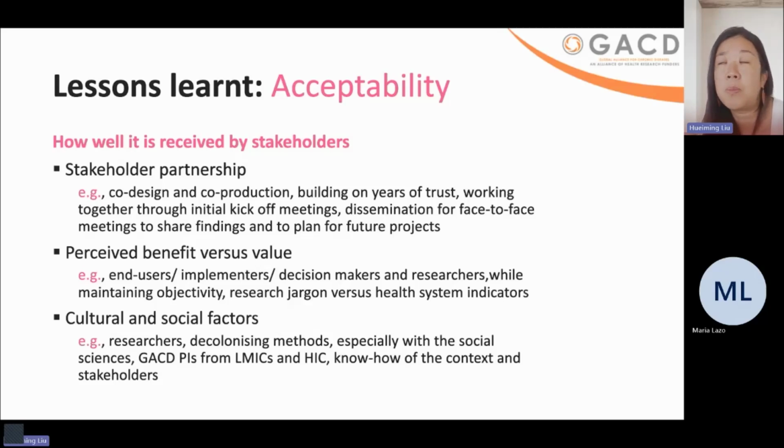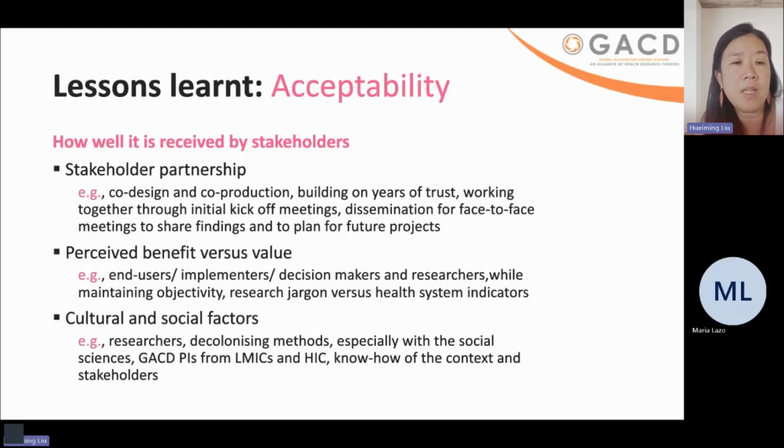Part of that would be looking at the context of the health system in a way that made sense to the end users, either through the WHO building blocks of health workforce and structure, as compared to some of the implementation science research wording, which might not be understood by the end users initially. So there was this discussion in the interviews about how do we speak the same language and have the same intent in what we do, but also maintain that objectivity and enable our evidence to be of value to the end users.